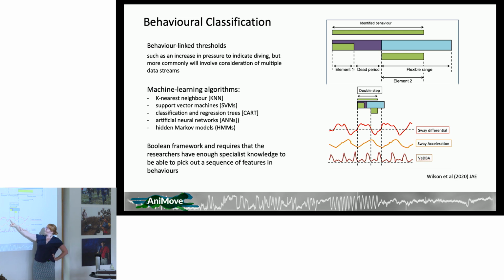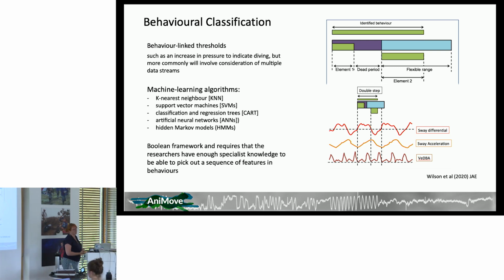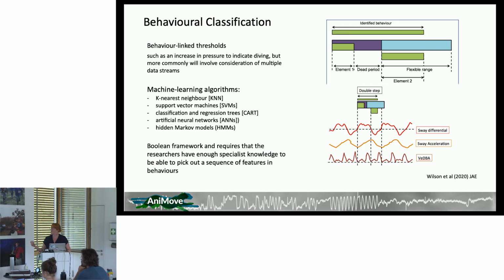So for example, here, if this was a rotation of the animal going north-south, you would say it can take as long as it wants to rotate through north, and as long as it wants to rotate through south, but these things have to occur within a certain time frame of each other. And so then it's running a machine learning algorithm to capture the flexibility of the behavior from these signals, and then classify it based on that.